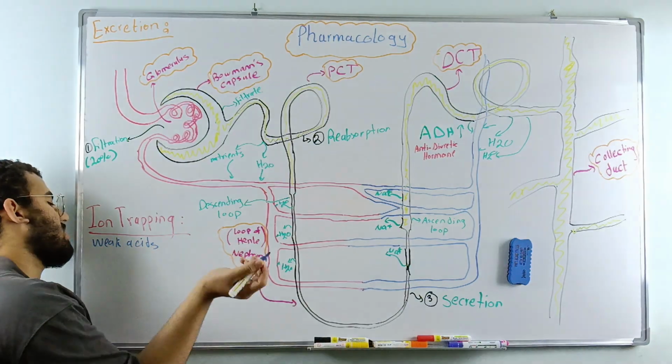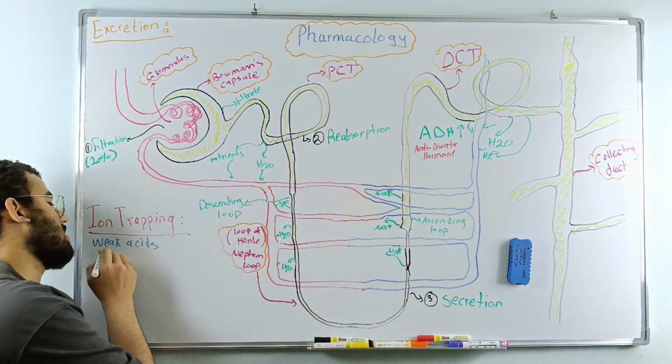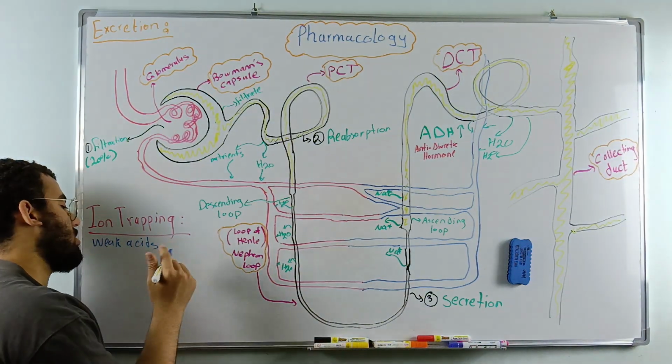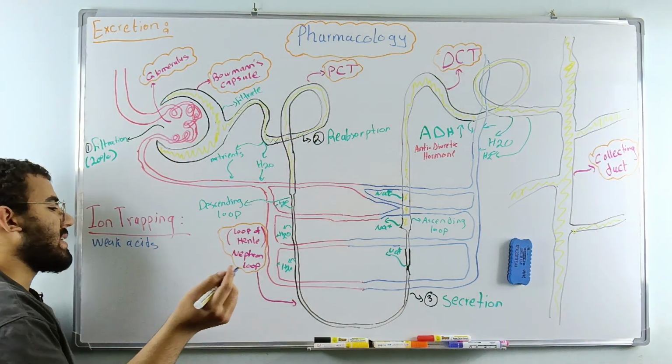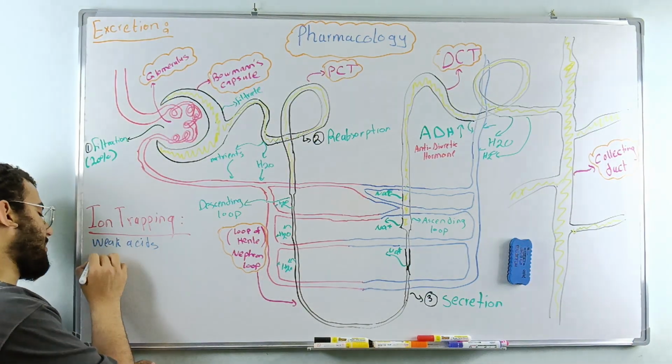We mentioned that previously in the absorption videos, but we're going to mention it in a more specific way right now. So weak acids have an equilibrium formula.